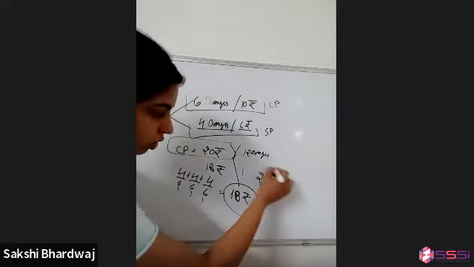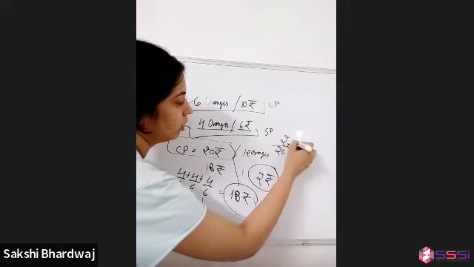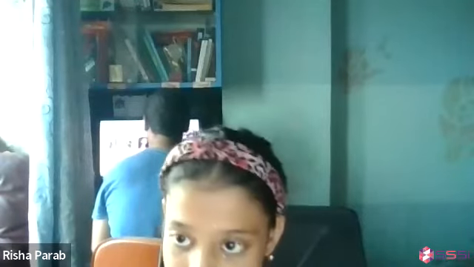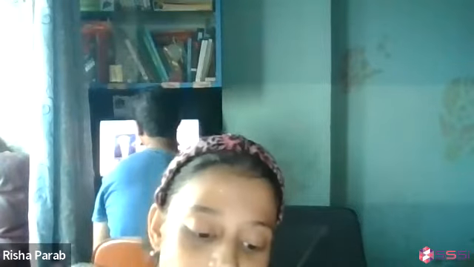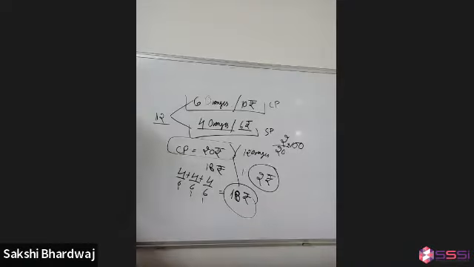So this is 2/20 into 100. It should be loss into 100 upon CP. So loss into 100 upon CP, which CP is 6? So 200 upon 6. Where is 6 from?